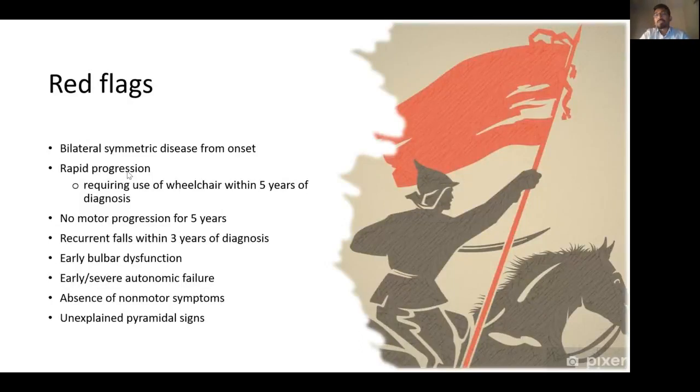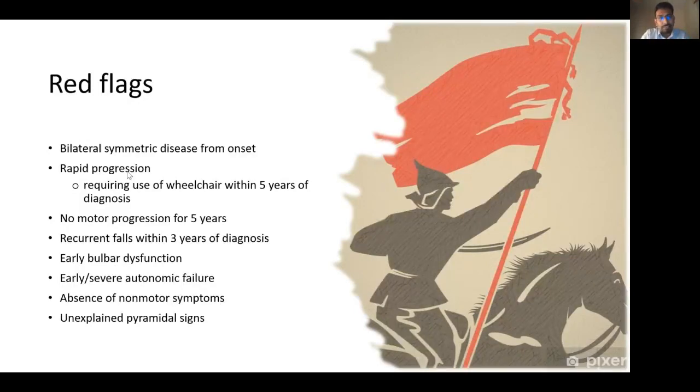What we commonly see in clinical practice is that if it doesn't progress, then the possibilities are essential tremor or dystonic tremor rather than anything else. But if it progresses very rapidly, then again it is a point of concern. So how do we measure what the speed should be?